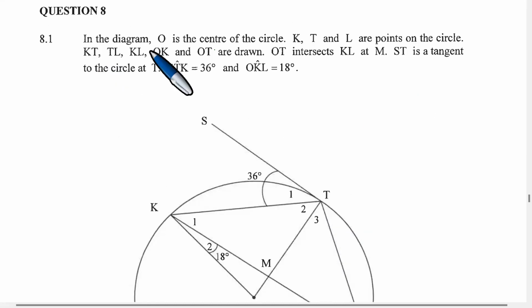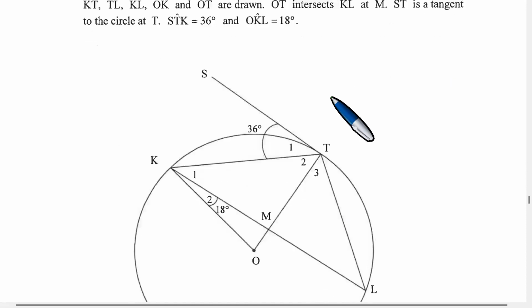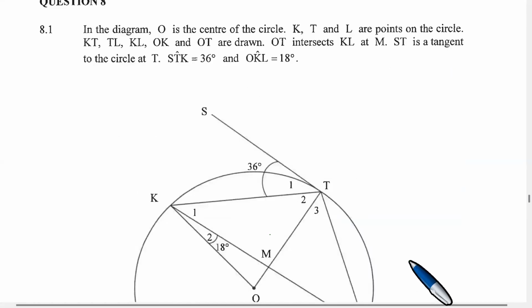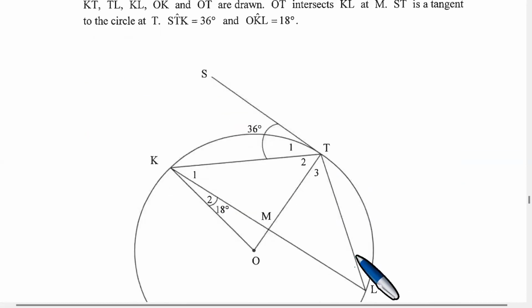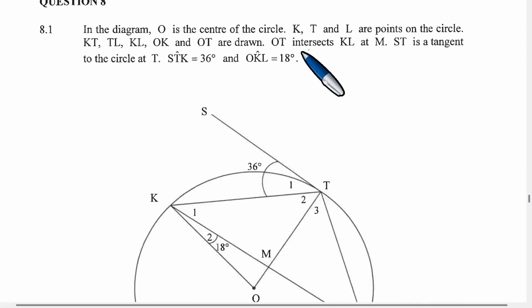So in other words, the diagram: O is the center of the circle, K, T, and L are points on the circle. KT, TL, and KL are chords. OK and OT are drawn.